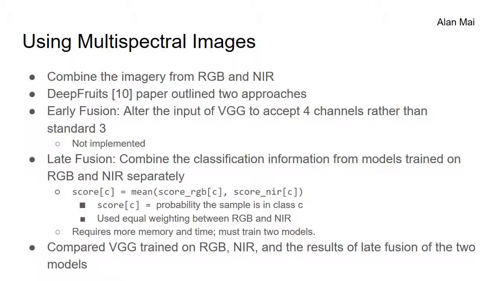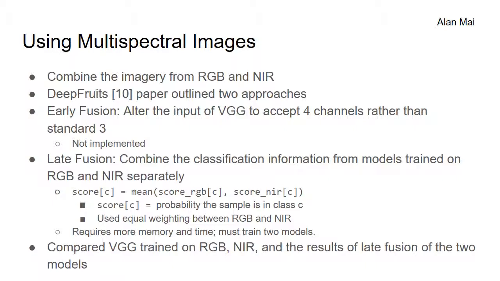The alternative approach is late fusion, where we combine the classification outputs of the 2 VGG models, one trained on RGB, the other trained on near infrared, which is why we duplicated the near channels to fit the VGG input. In this approach, the score or probabilities of each class given a sample is the average of the score for that sample from each VGG model.